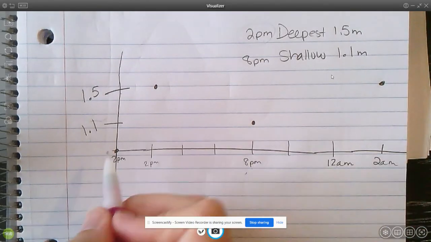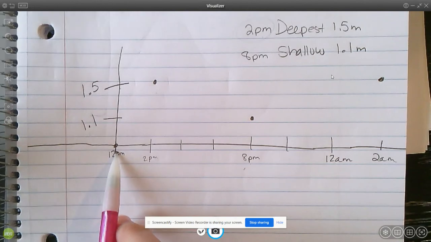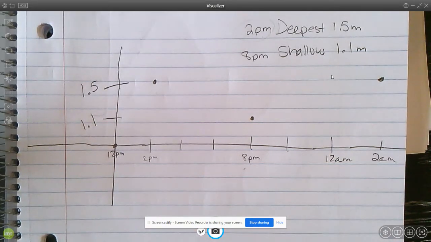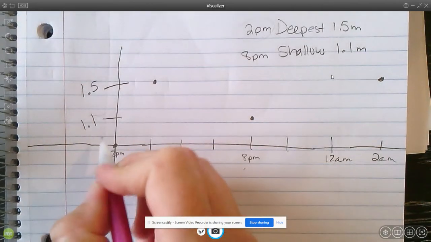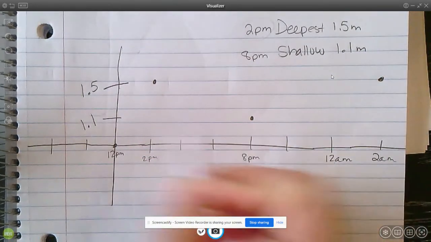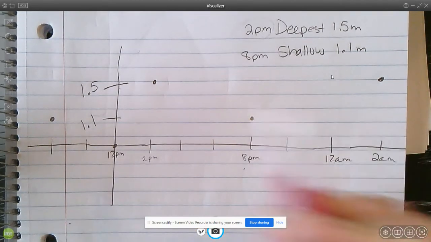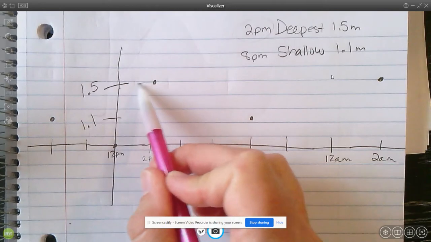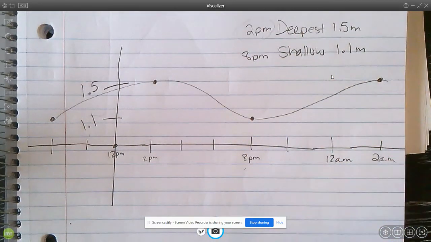Okay, and then I'm actually going to backtrack. So 6 hours before 2 p.m. is 8 a.m. So here's 10, here's 8. So here's another low right here. So there's our sketch.